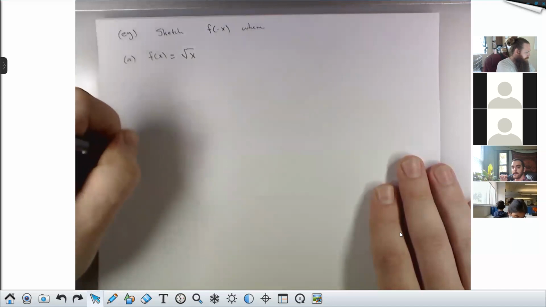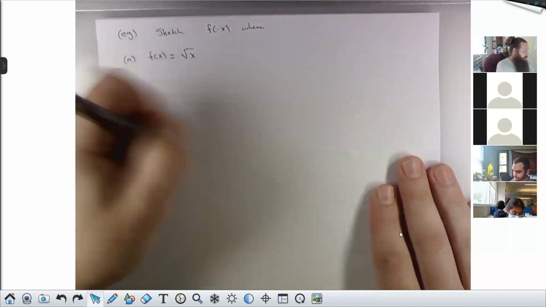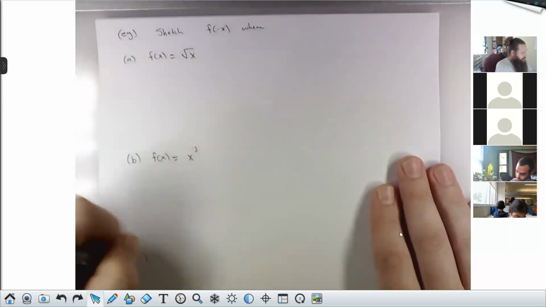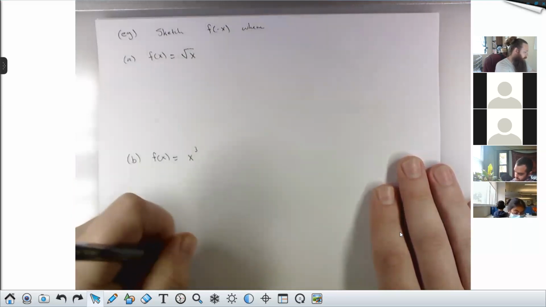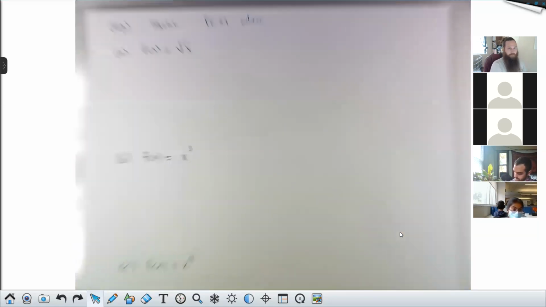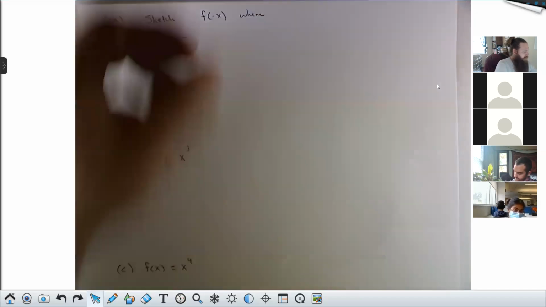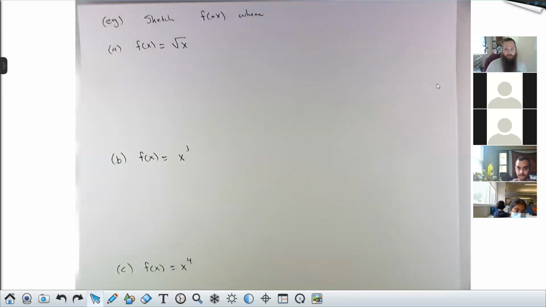B, f of x is x cubed. And C, f of x is x to the 4. So I just want to see what this horizontal reflection looks like for a few examples, and then we'll start comparing.